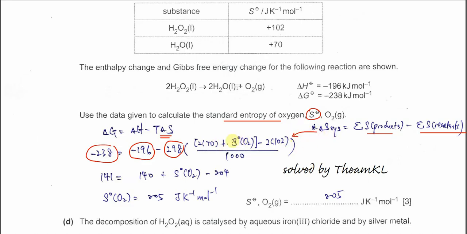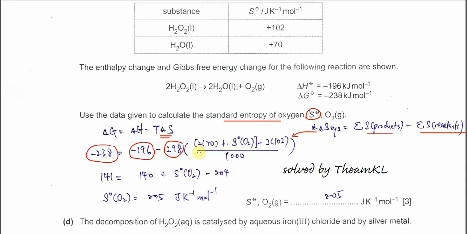So we use the sum of the entropies of the products, which is H2O and O2. This is what we need to get. Minus 2 times the entropy of hydrogen peroxide. After that, when you get this relation, you are almost there.